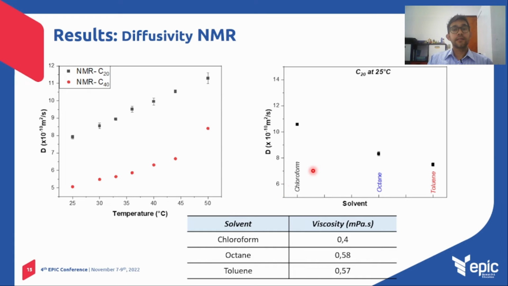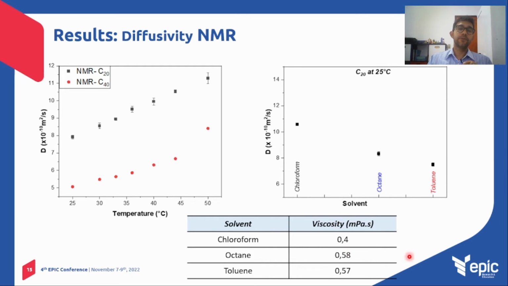And we again evaluate the effect of the solvent on the diffusivity. So in this case, we use eicosane as a solute, the molecule with 20 carbons here. And we can see that for solvents that have the same viscosity, for example, octane and toluene, as you can see here, the diffusivity is almost the same.